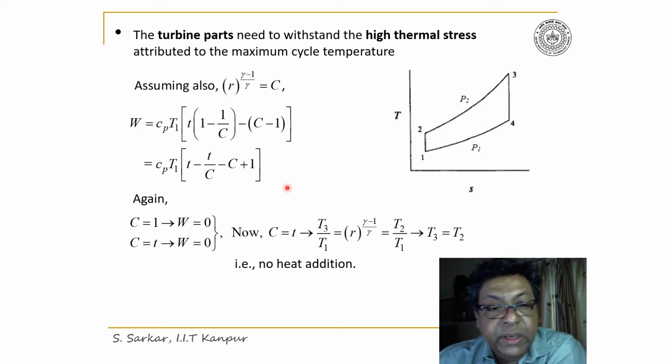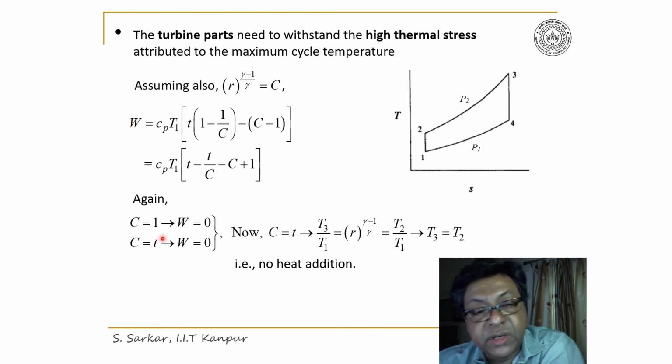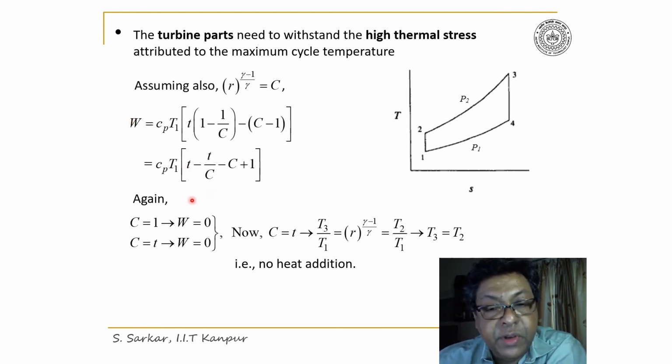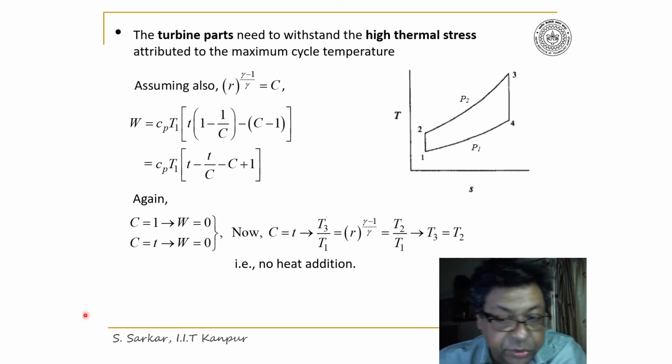So look, here specific output can be expressed in terms of maximum cycle temperature and the pressure ratio.